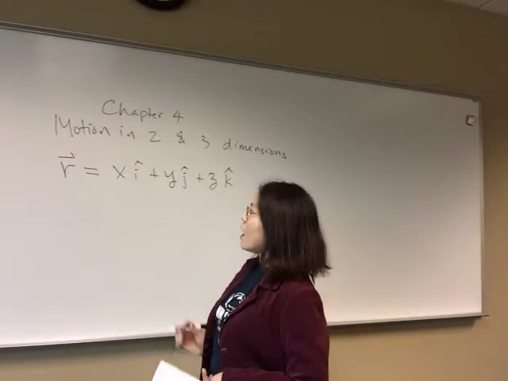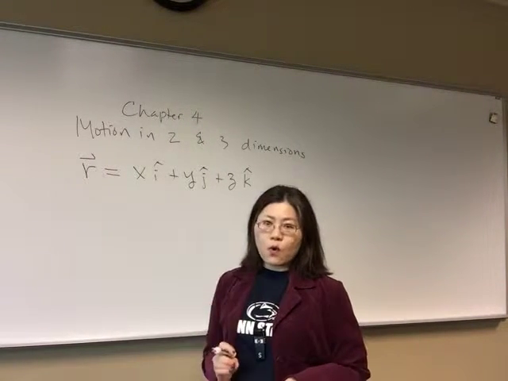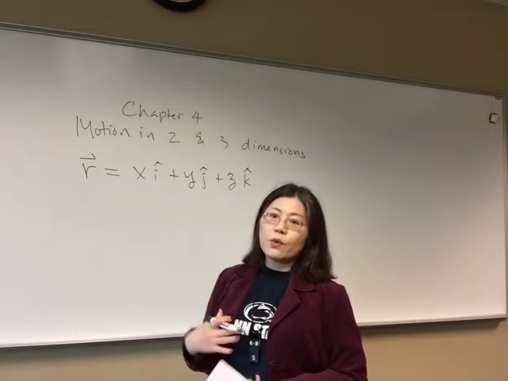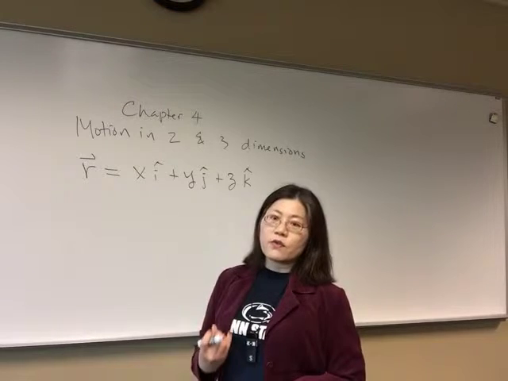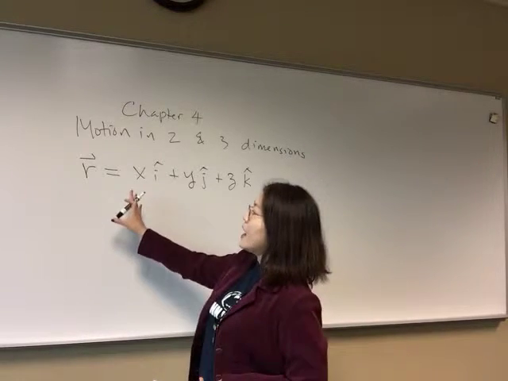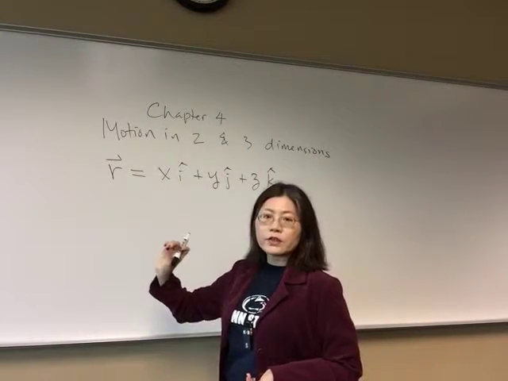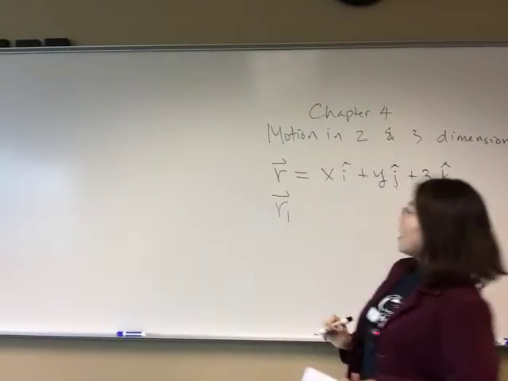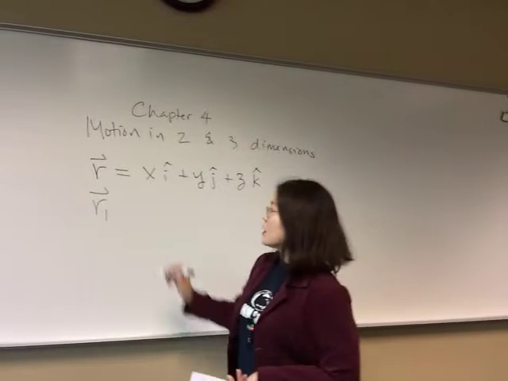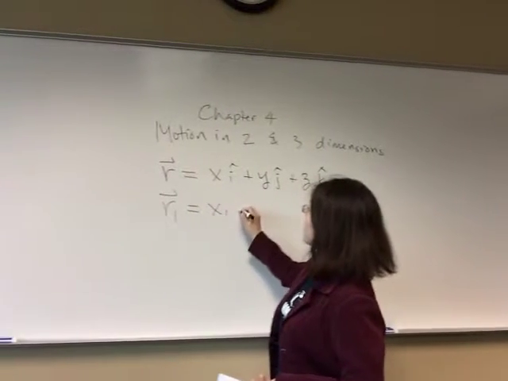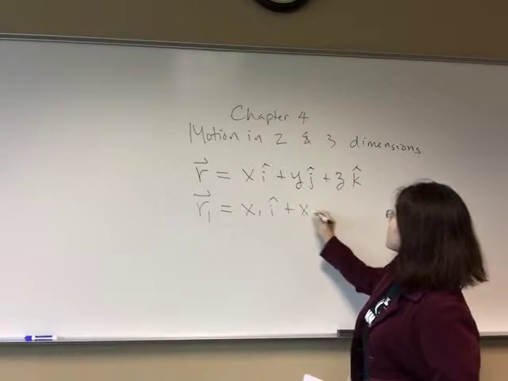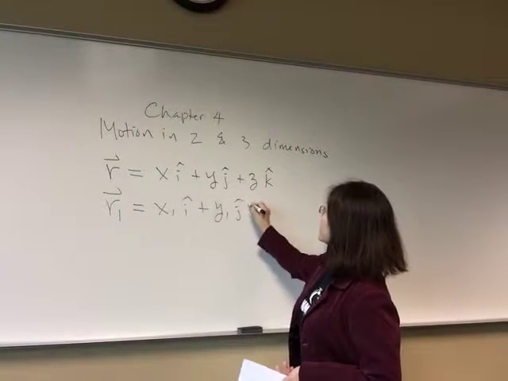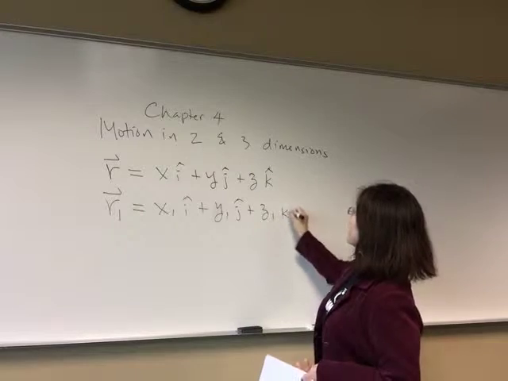So say an object is initially at position R1, and then moves to another position, say R2, within the time delta t. In that case, how would you find the average velocity? First of all, we need to express the object when it's at position R1, so you have x1 i hat plus y1 j hat plus z1 k hat.